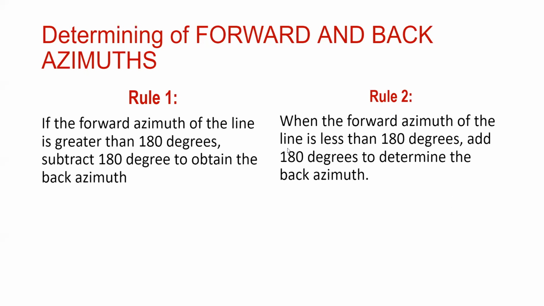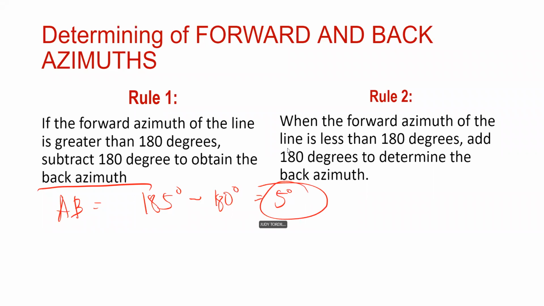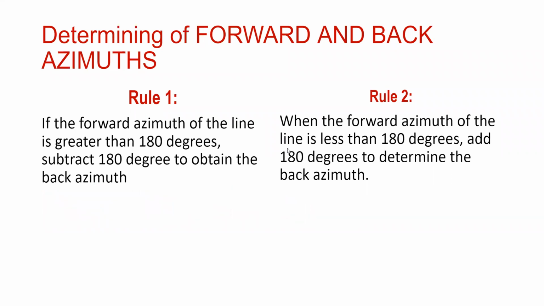So for example, the line AB has a 185 degree azimuth. So ima-minus natin siya sa 180 degree para makuha yung back azimuth. So yung 5 degree dito will be your back azimuth. Okay?